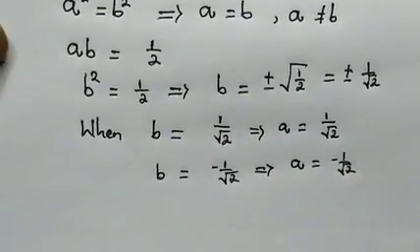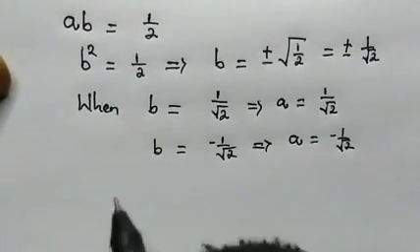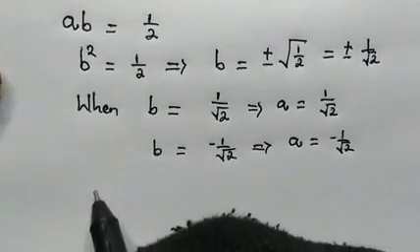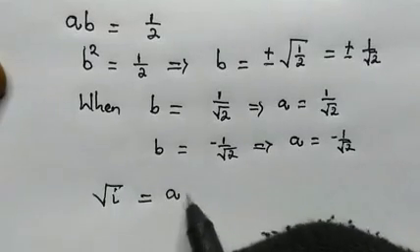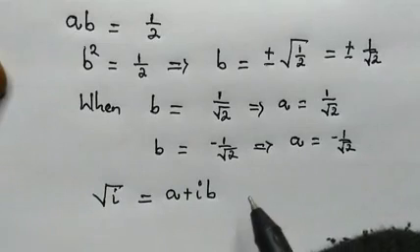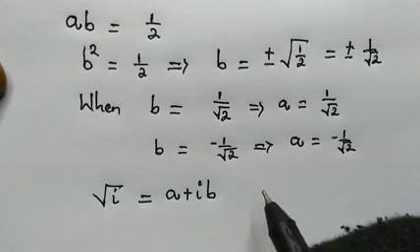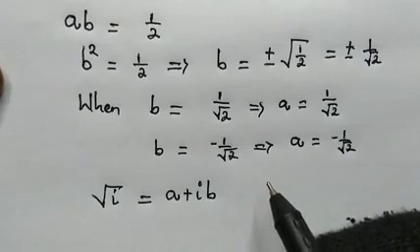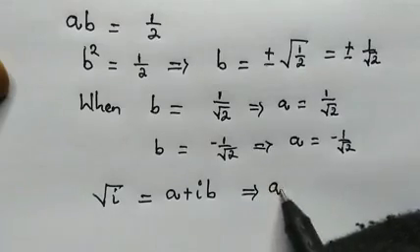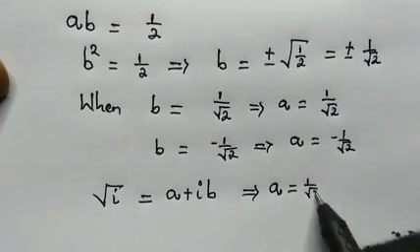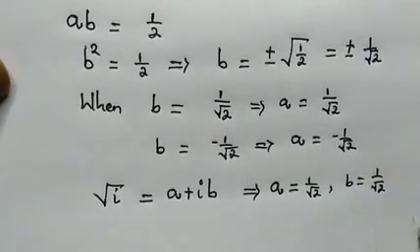Now let's go back to the main problem. Remember we initially let the square root of iota be equal to a plus ib, and we are interested in finding the principal square root, which means it is going to be positive. So we're going to use the value for a as 1 over root 2 and the value for b as 1 over root 2.